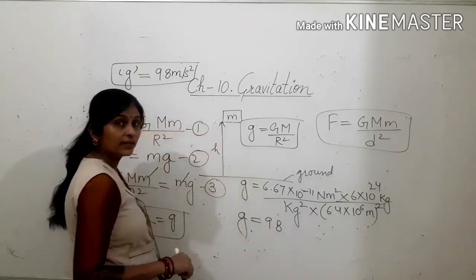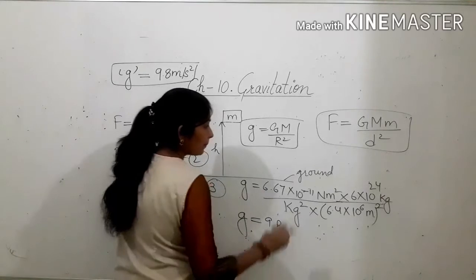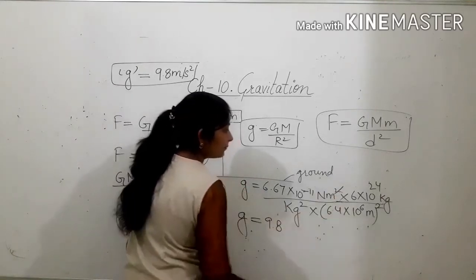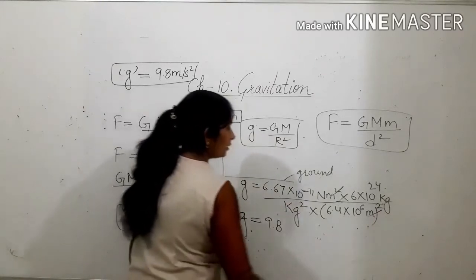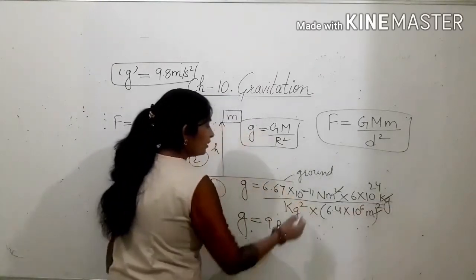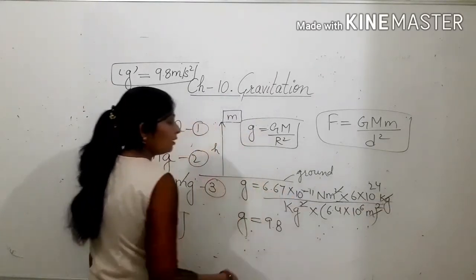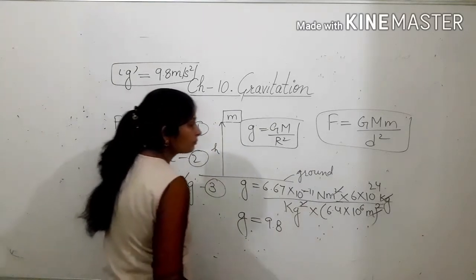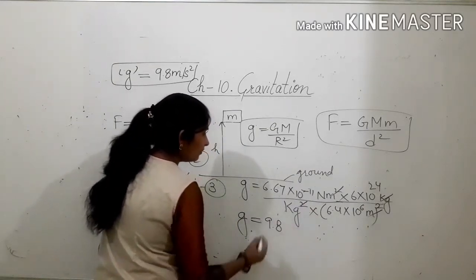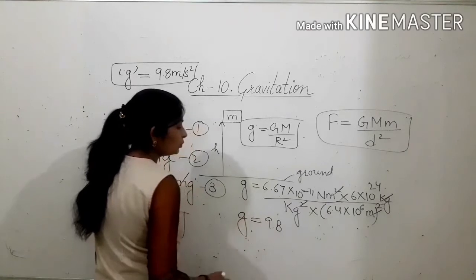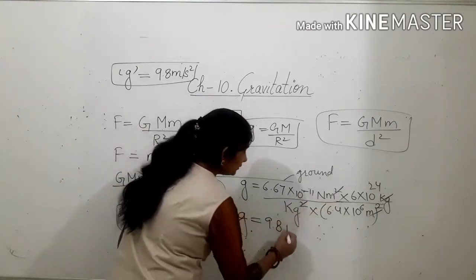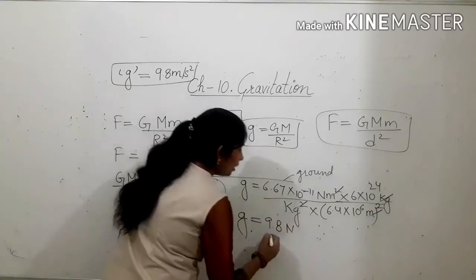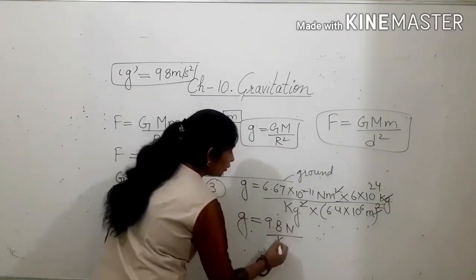And what about its SI unit? See, meter square is cut with this meter square. Kilogram will be cancelled by kilogram. Now you have small g equal to 9.8 Newton upon kilogram.